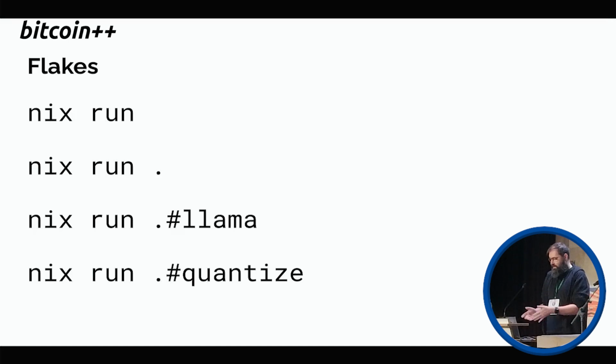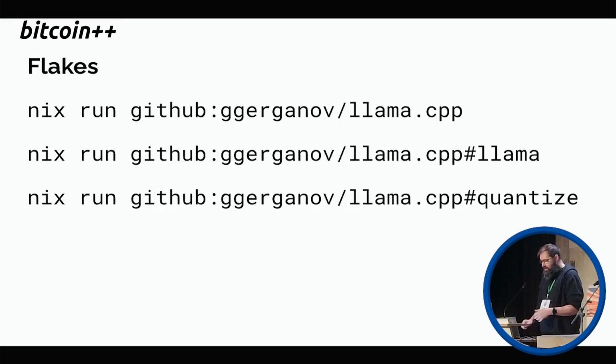But I mean, this is nice, but not as cool as using this. What you can do is replace the dot with an identifier, which can also be a remote one.